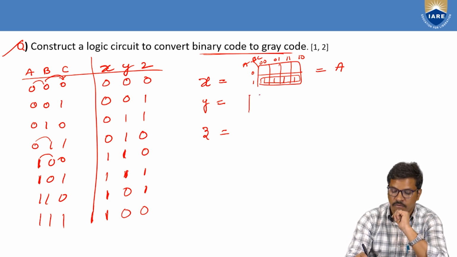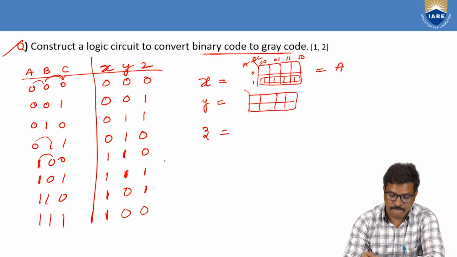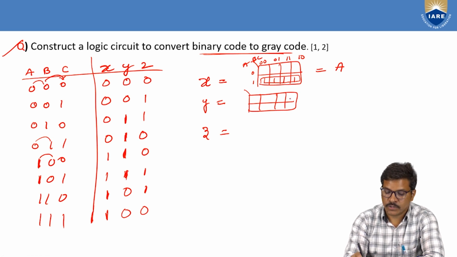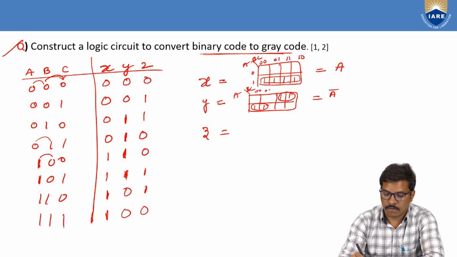For Y, if you take the K-map for Y, 2, 3, 4, 5. If there are 2 pairs, then you will get the answer as A' B plus A B'.